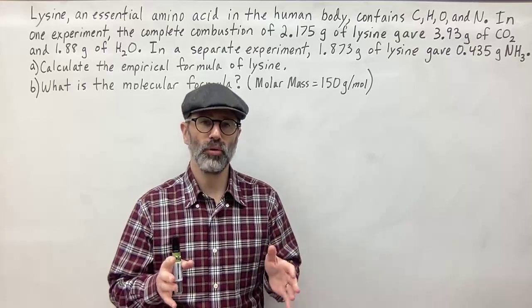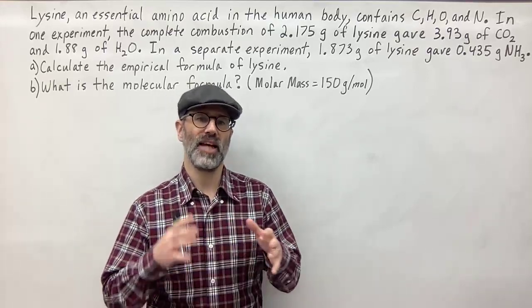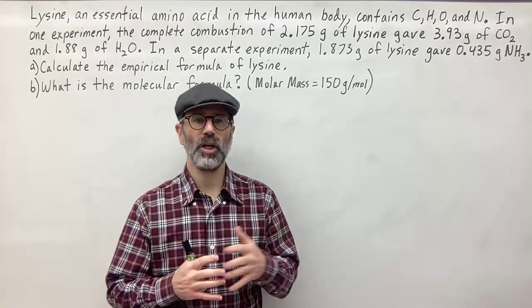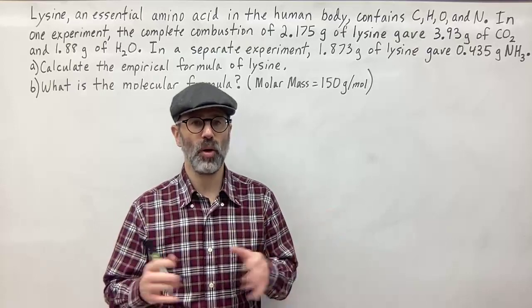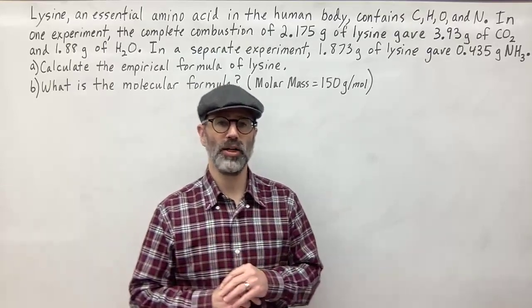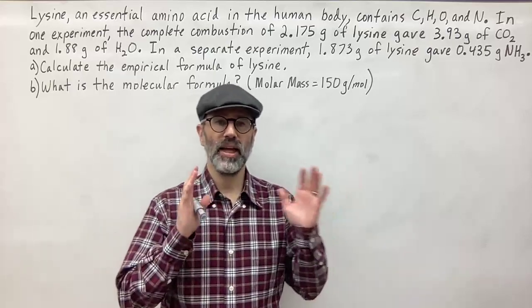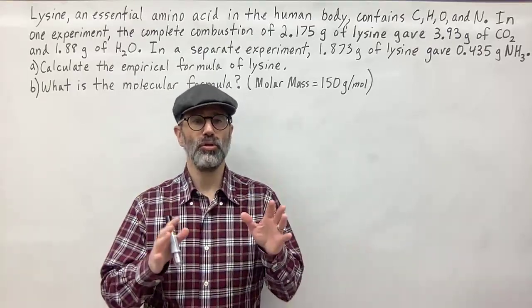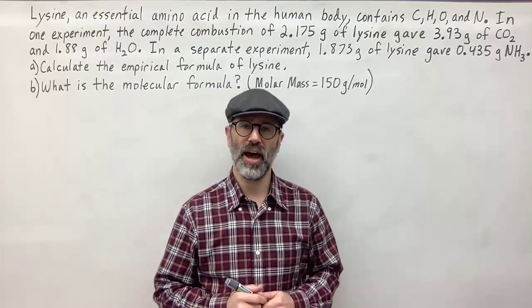Once you get moles of all the elements in the substance, you want to set up a pseudo formula with those moles, get the smallest whole number ratio, and so on and so forth. So we want to convert grams to moles and then use the moles to find the empirical formula. Let's go ahead and start doing that.